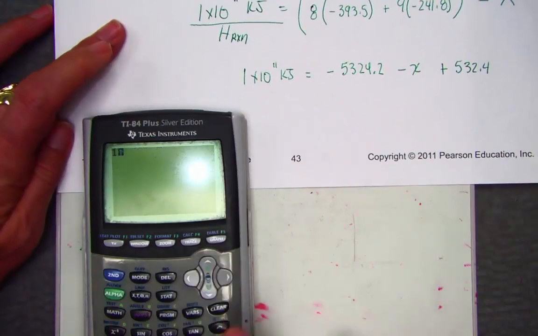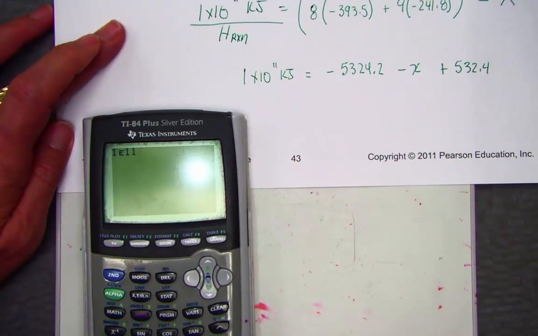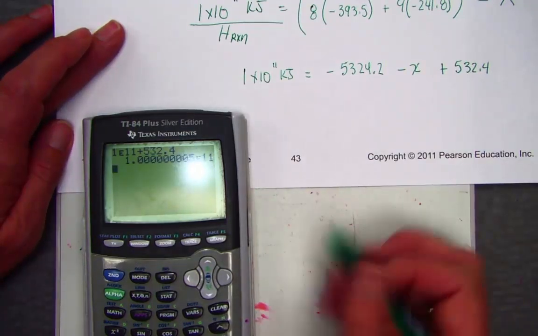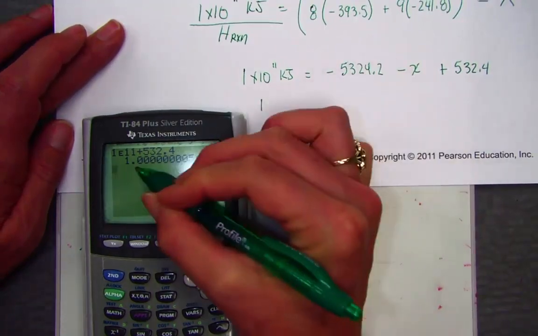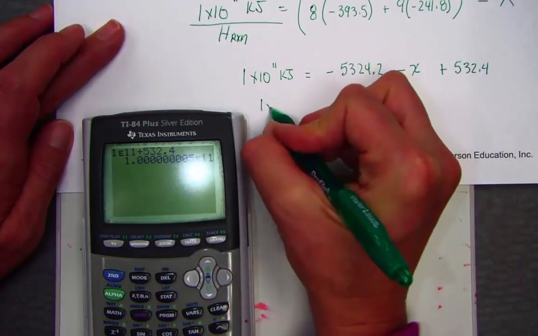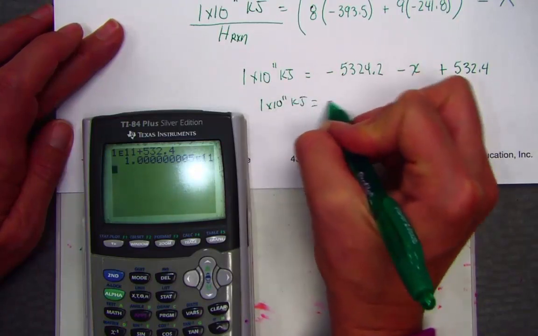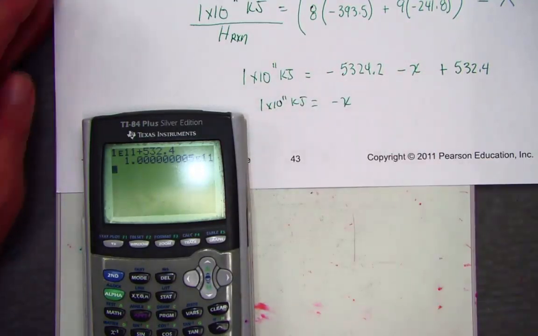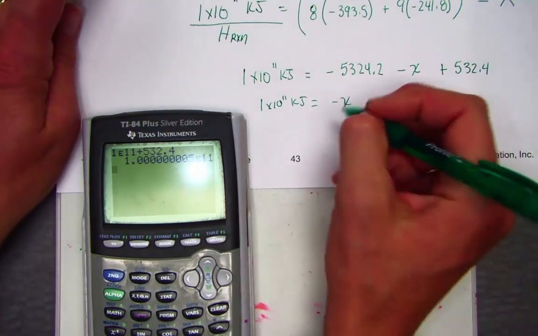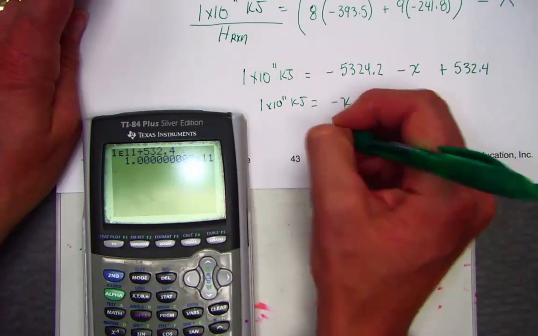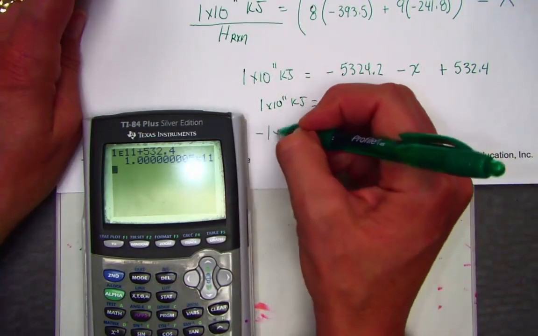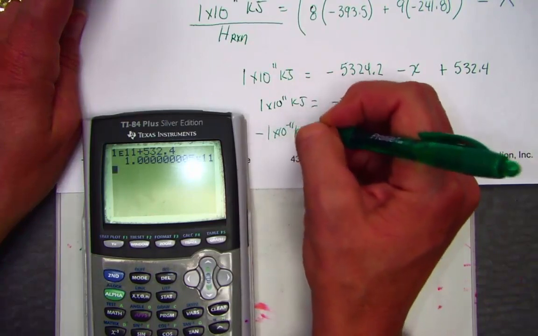So 1E11 plus 5324.2, still going to be pretty near the same number. So I don't think I want to bother writing all those zeros down. It's so large, it in essence stays the same value. But now I can see that that's what negative X is. And so X really is negative 1 times 10 to the 11th kilojoules.